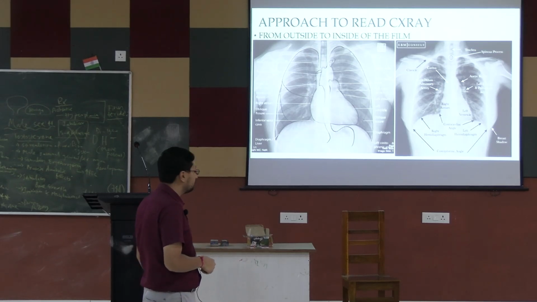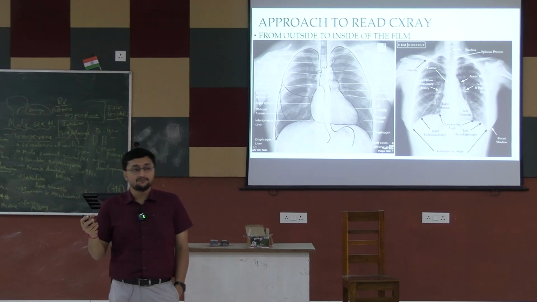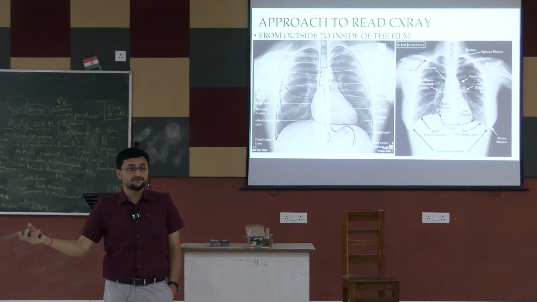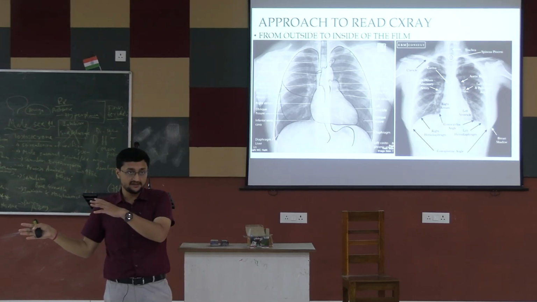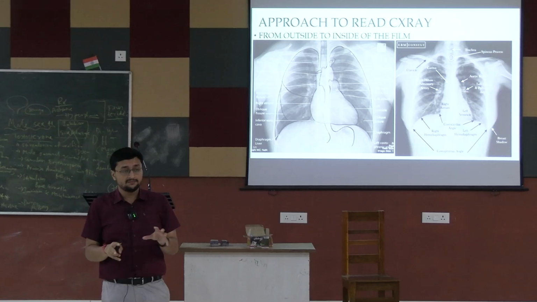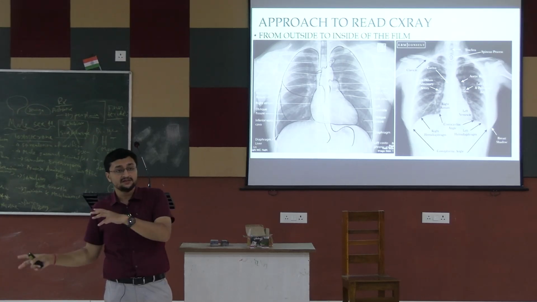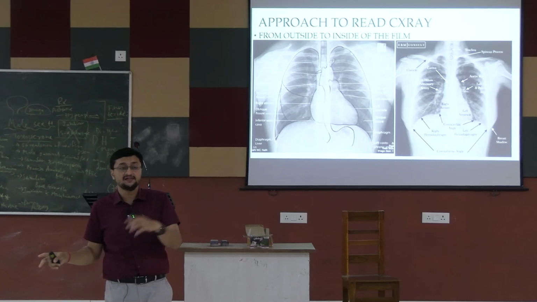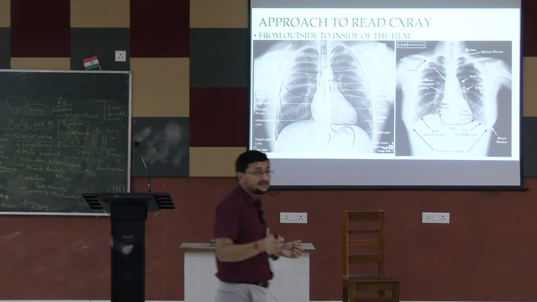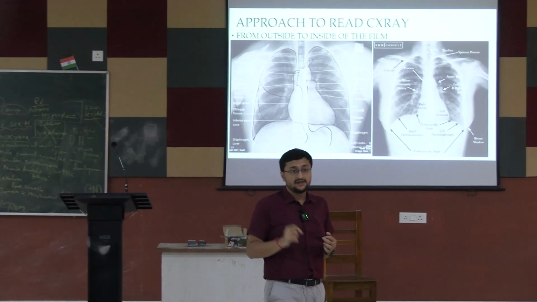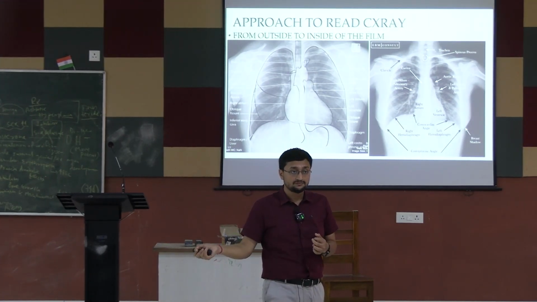And check whether there are black shadows in the soft tissue, outside the lung parenchyma. If there are black shadows, that indicates there is air inside the tissue.